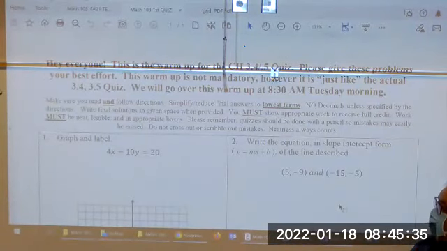Make sure you read and follow directions. Simplify, reduce your final answer to the lowest terms. Fractions: reduce your fractions to the lowest terms. Okay, it's going to make your life easier.